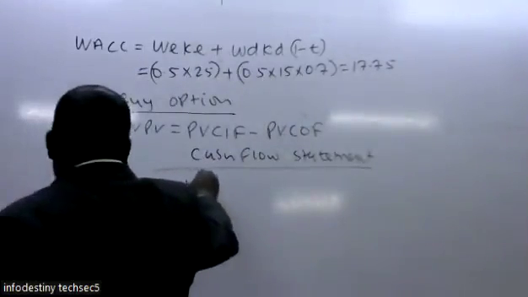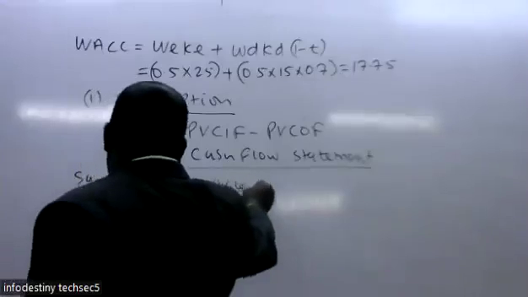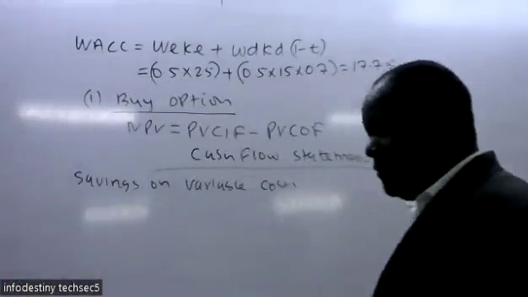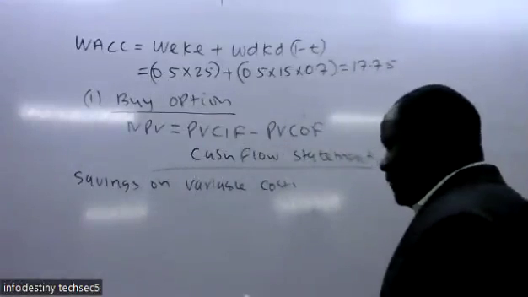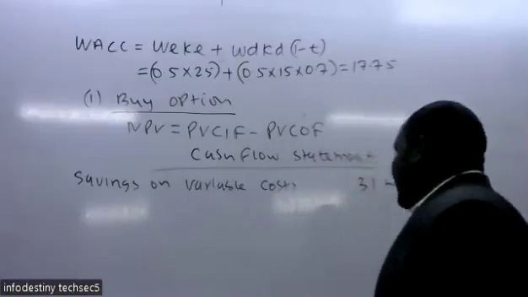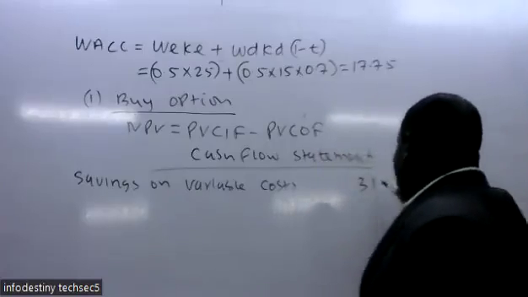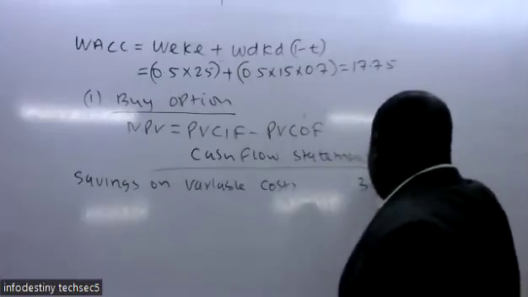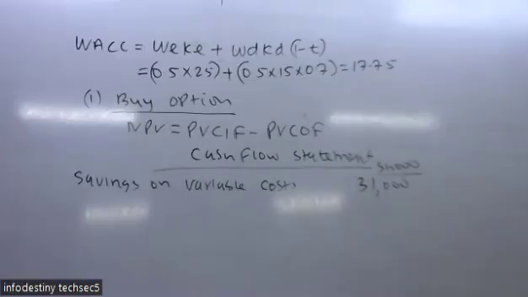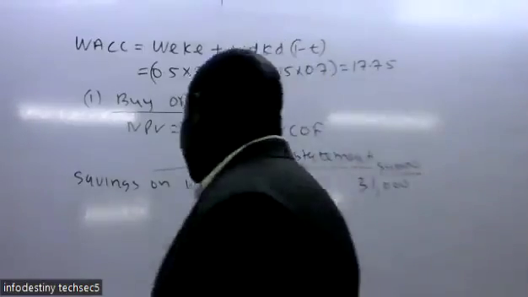That figure is given as 31 million, so you have 31, and you can have three zeros at the top like that. Now we less the depreciation because it is on the straight line.